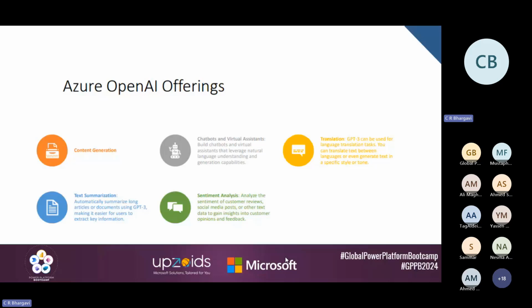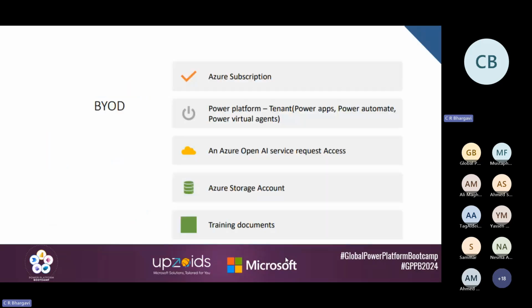When we want to do sentiment analysis, say when you have customer feedback that has to be used for doing some improvements inside the solution, then we would use the Azure OpenAI offerings for that as well.